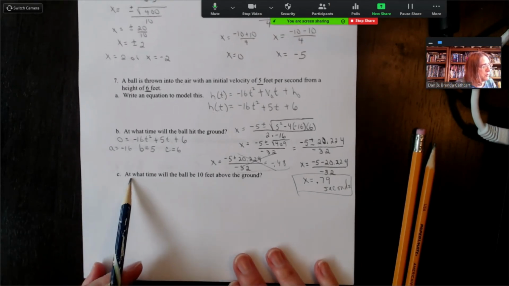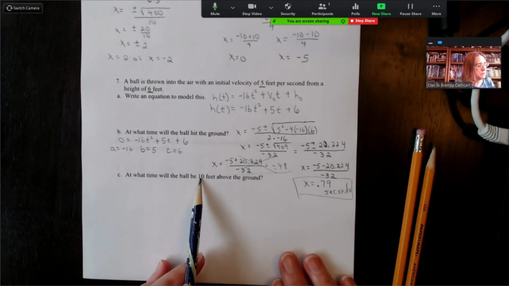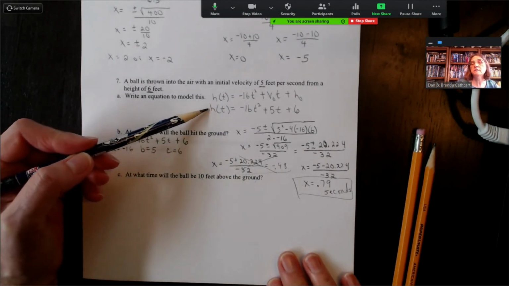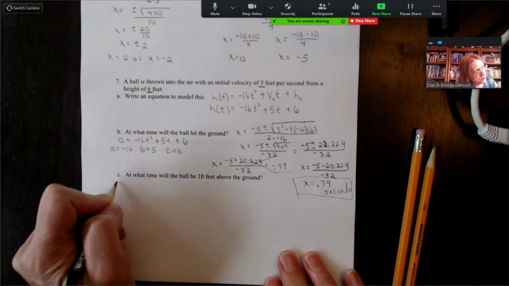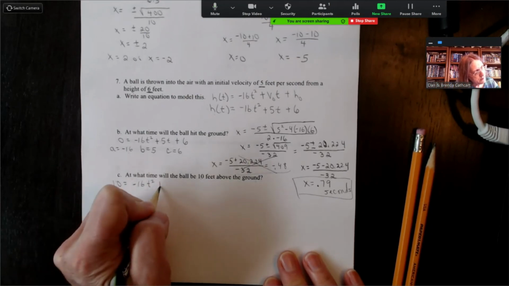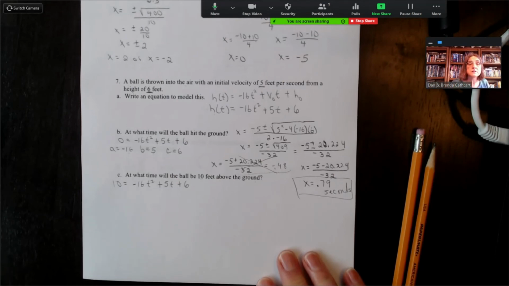This time I don't want to know what time the ball hits the ground. I want to know what time it's going to be 10 feet above the ground. So that means our height at some time t is 10. So we have the equation 10 equals negative 16t squared plus 5t plus 6. This one's not in standard form yet, and we need to get it in standard form.